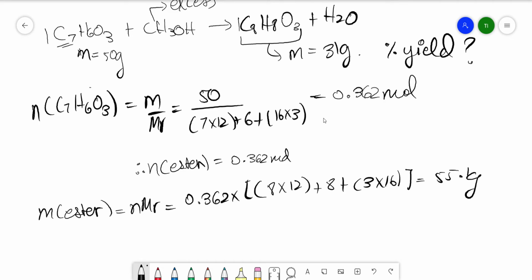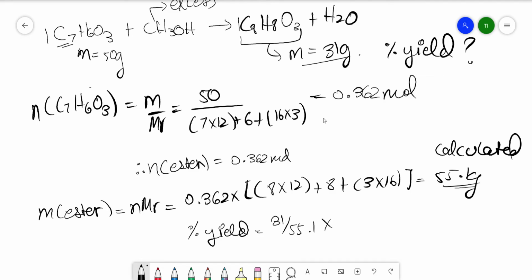Now this is the calculated mass. This is the mass you're supposed to get. Now the percentage yield is basically, so what is the actual mass obtained? 31 divided by 55.1 times 100. So you should get an answer of 56.3%.